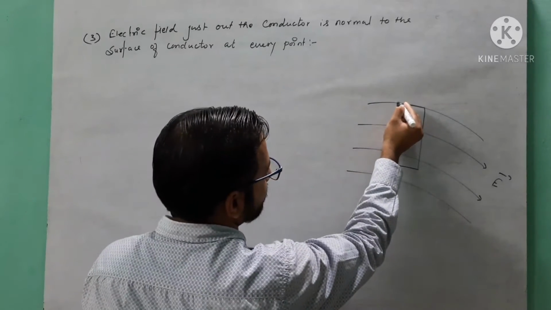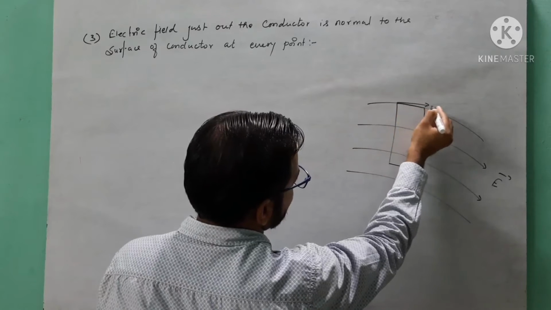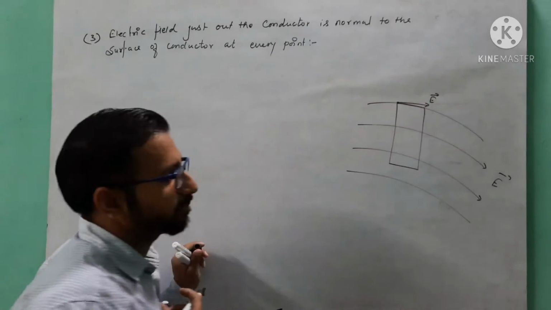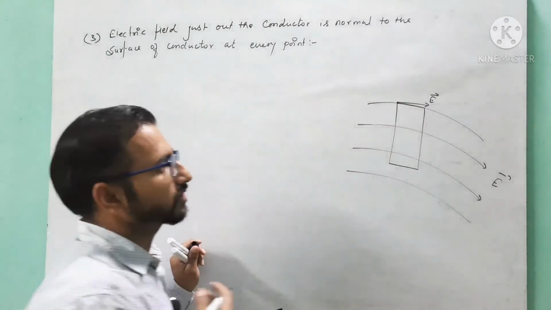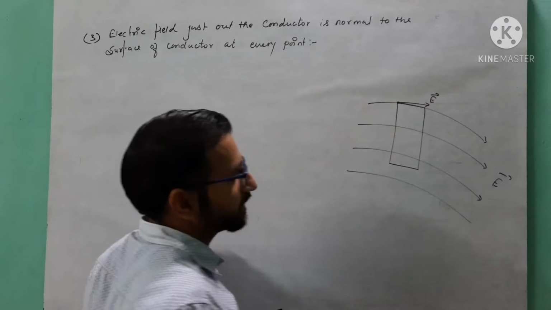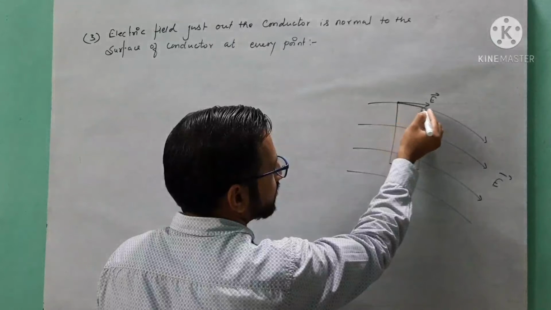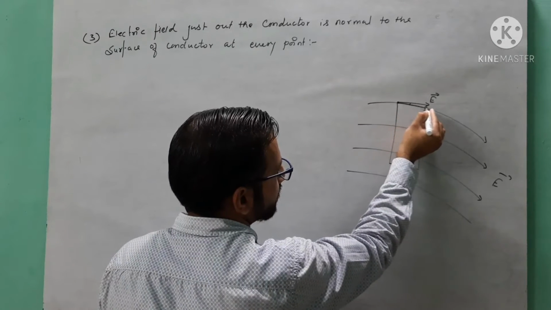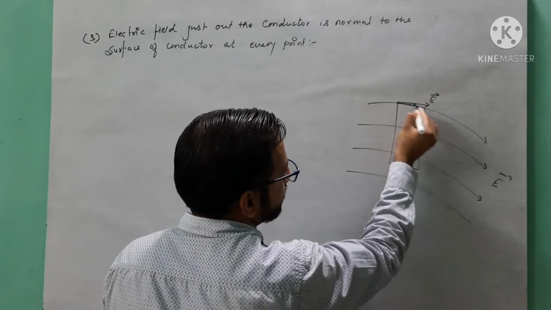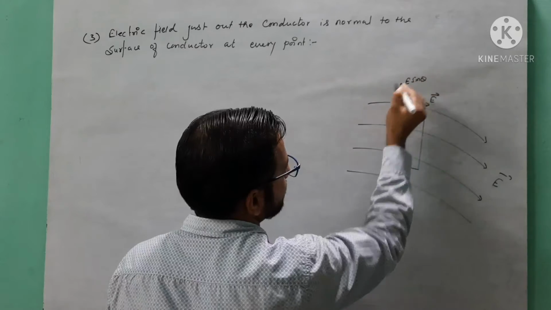When we draw a tangent on electric field lines, we see the direction of the electric field. If we compare this electric field with the surface, the component at an angle theta is E cos theta, and the one perpendicular to it is E sin theta.